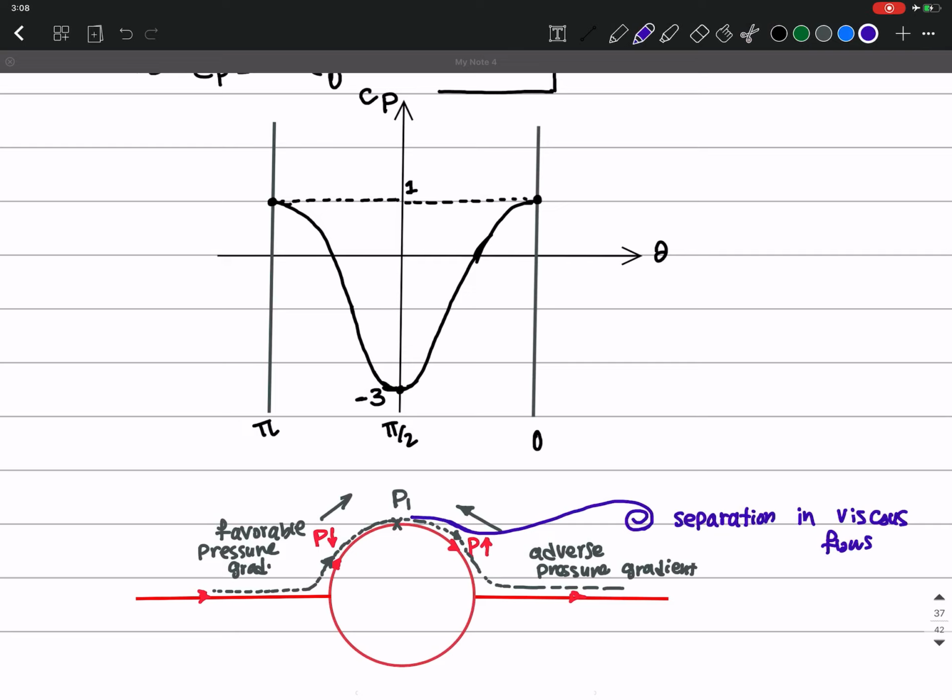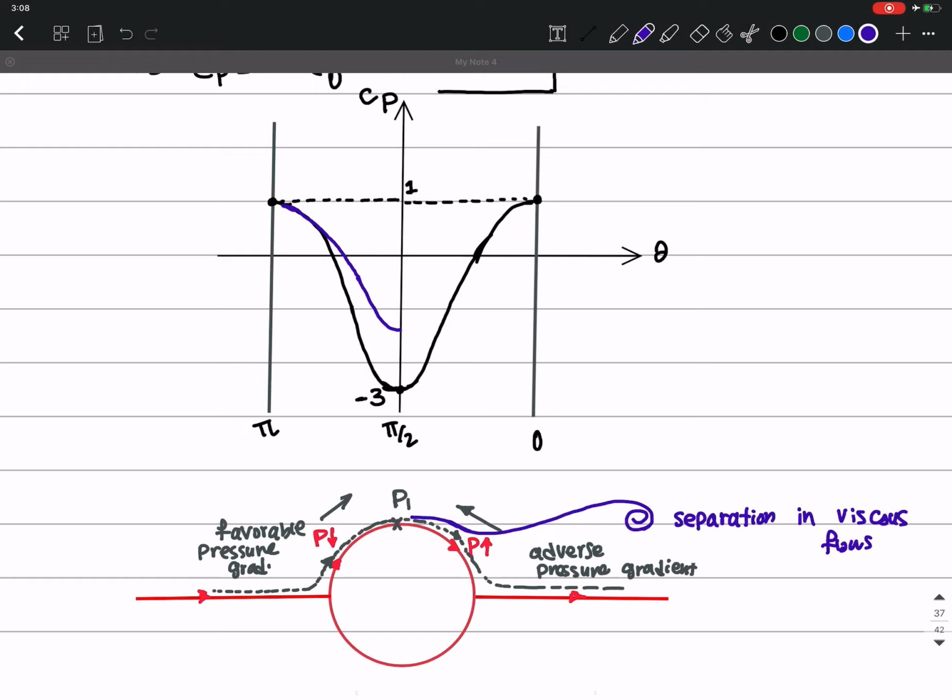So in a real world flow, the CP, this is again not for the idealized case. In the real world, the pressure is going to decrease up to here.